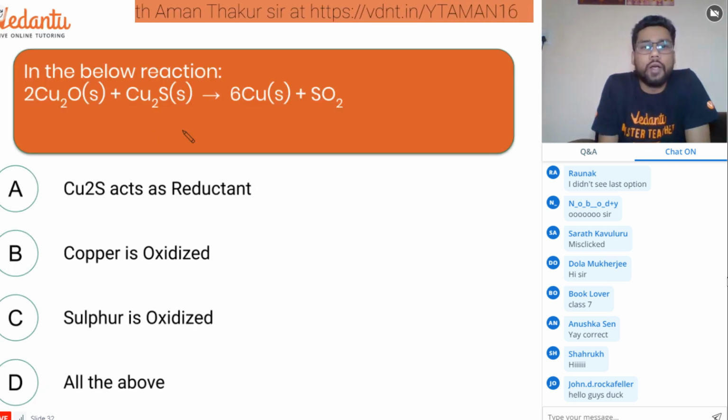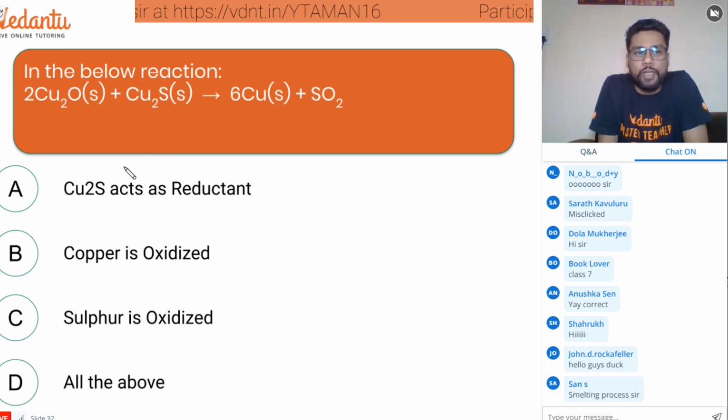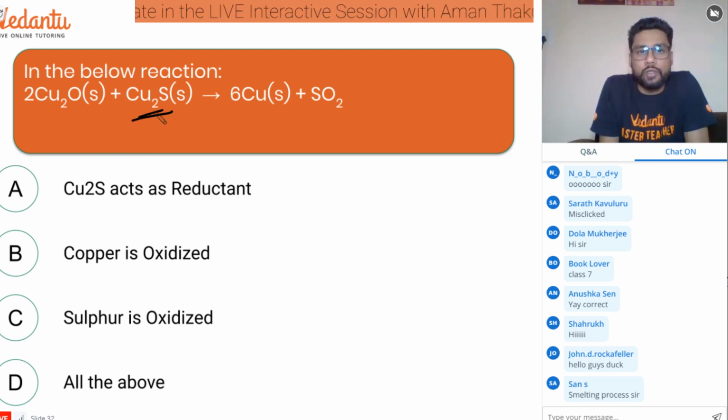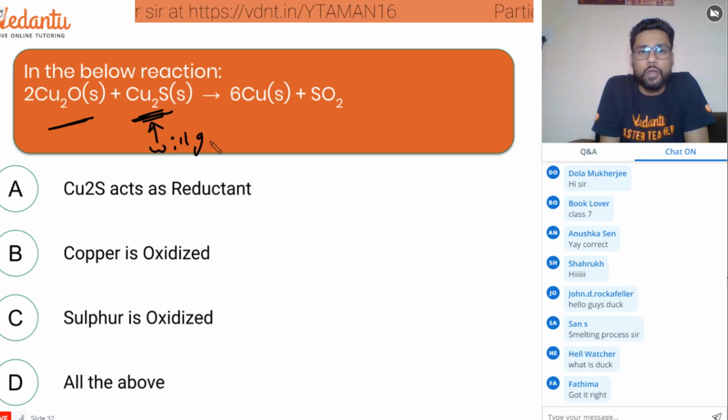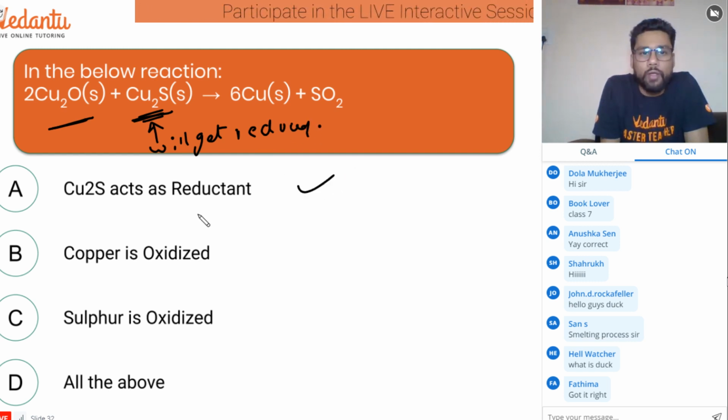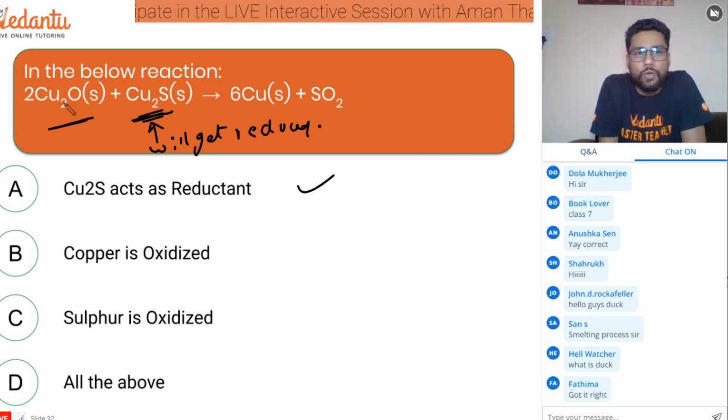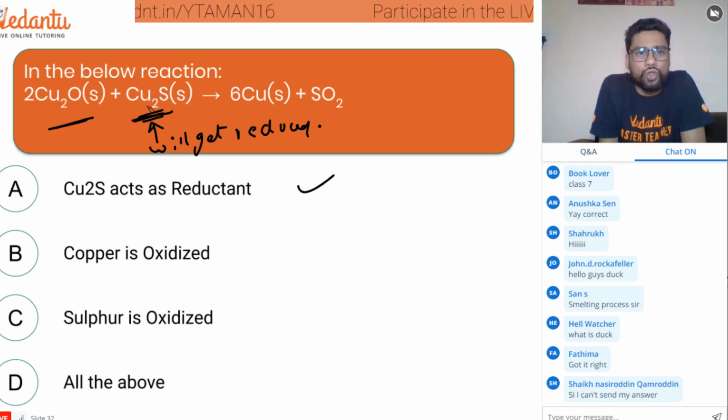58.49%. Guys, simple. First of all, let's check option by option. Smelting. No, it's not smelting. Self or auto reduction. In self or auto reduction, yes, this is the reductant. This is the oxidant, and this is the reductant. This will get reduced. So option A is correct.